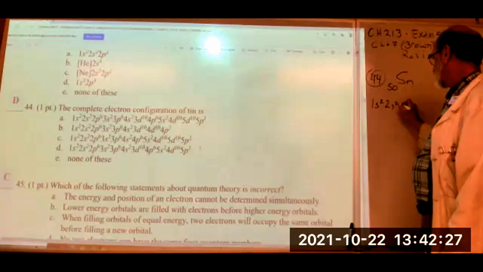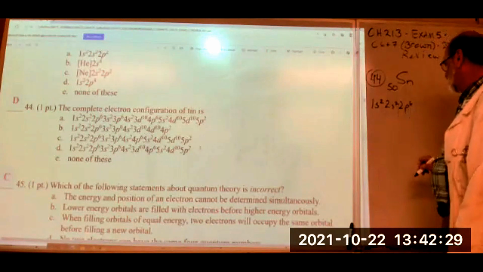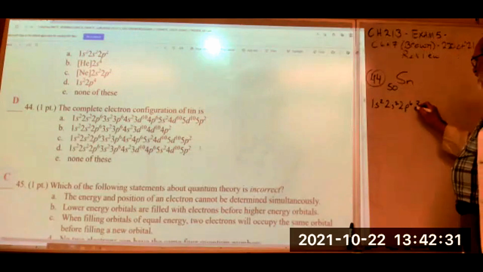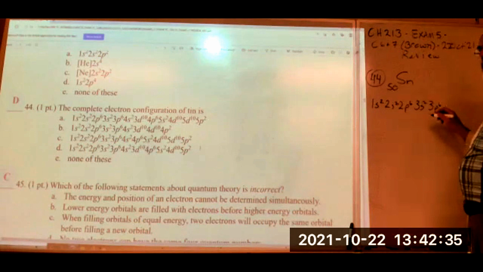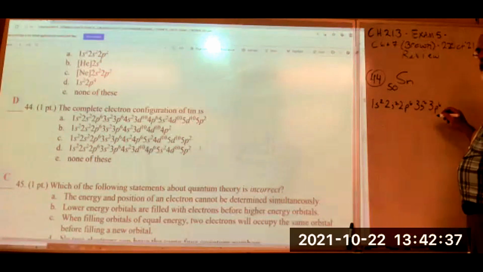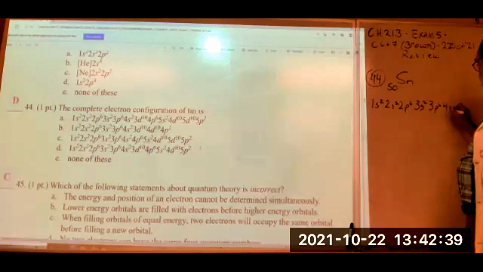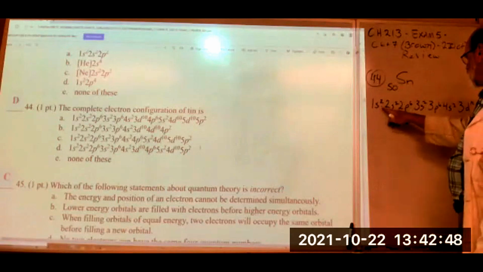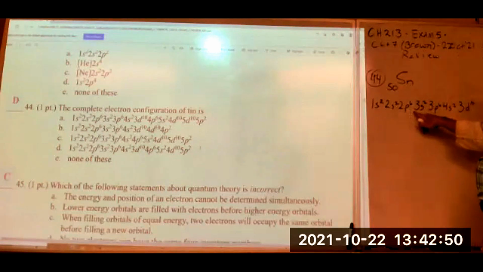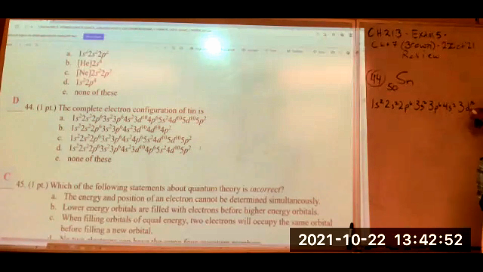1s2, 2s2, 2p6. Then we'll go down to 3. 3s2, 3p6, then 4s2. Then we go back to 3d10. How many we got so far? That's 2, 4, 10. That's 20, 30.